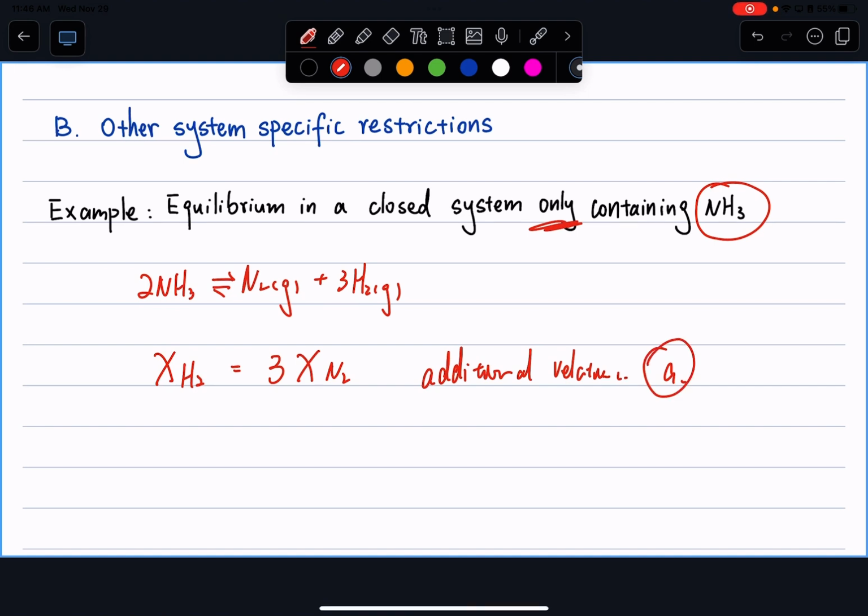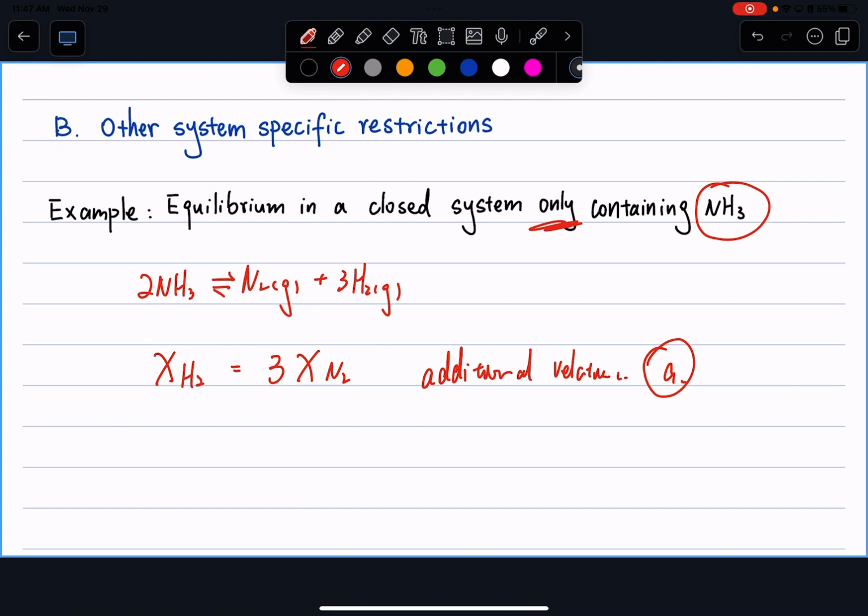There are other types of system-specific restrictions. For example, if you dissolve sodium chloride in a cup of water, and you have your Na plus and Cl minus dissolved in that cup of water, it's fully dissociated. So the number of moles of your Na plus must equal the number of moles of Cl minus, or the mole fraction of Na plus must equal the mole fraction of Cl minus.